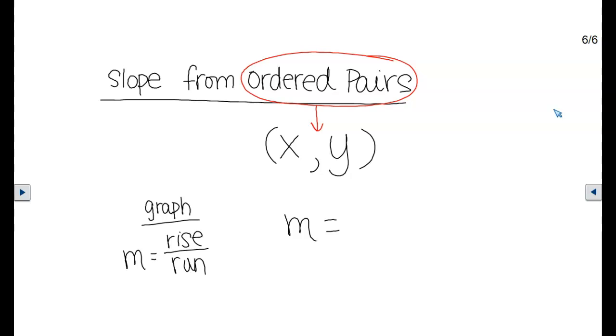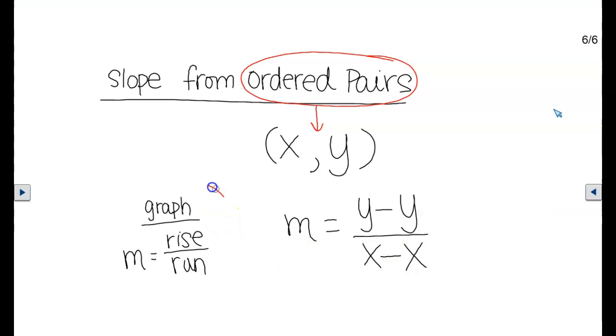So write this down for me and make sure you memorize it. When you're dealing with ordered pairs, m is equal to y minus y over x minus x. y minus y over x minus x.